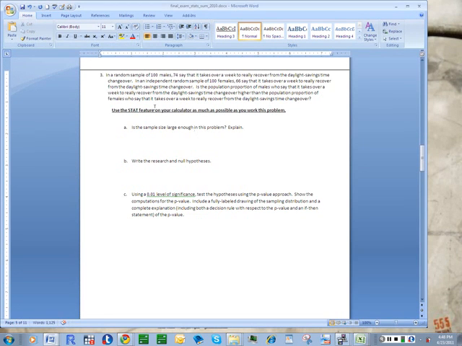Okay, so we have a random sample of 100 males, 74 say it takes over a week to recover, and 100 females, 66 say it takes over a week. So this is a qualitative variable. Does it take over a week or not? But is the sample size large enough?